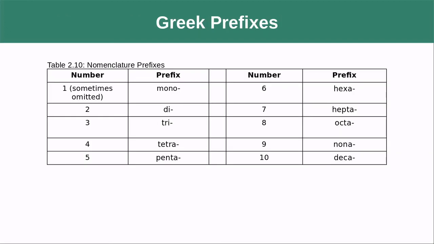The Greek prefixes that we're going to use here: for 1, there's mono, 2, di, 3, tri, 4, tetra, 5, penta, 6, hexa, 7, hepta, 8, octa, 9, nona, 10, deca.